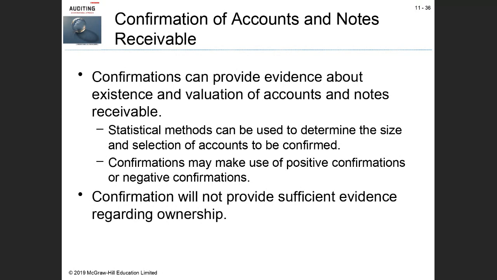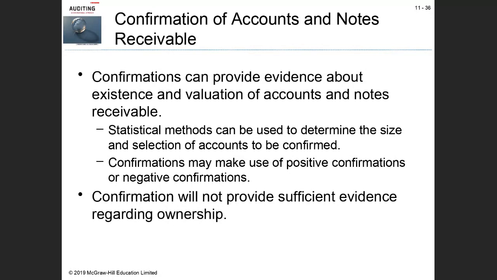Now, depending on the size of the account receivable balance and the number of accounts, you might use statistical selection methods to determine which accounts you are going to confirm. For example, if your audit client has accounts receivable of $100 million, how many accounts make up that $100 million? If it's one customer for $100 million, you just have to send out one confirmation.